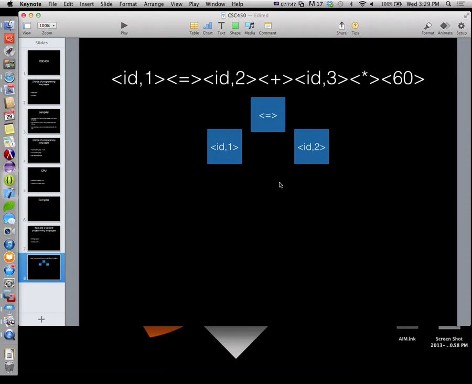So we know that an operator becomes the root node of a subtree. Well, the first root node we run into already has an operator in it. Why don't we go to the left?